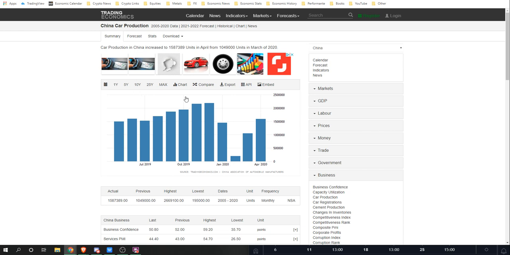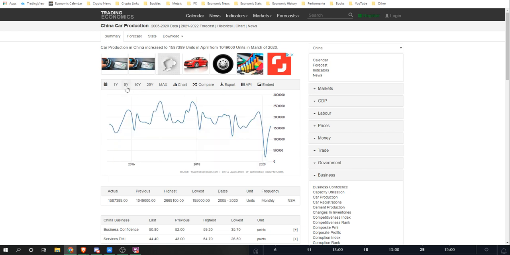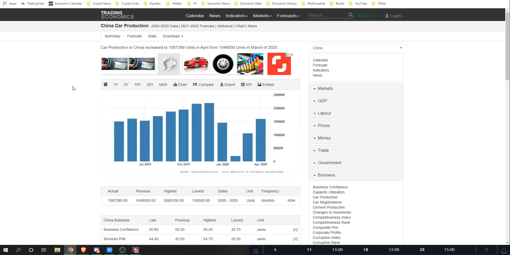So we do see this is, let's say, 5 years. It dipped obviously because of the COVID event, but we are getting a pretty quick rebound in China for car production, meaning there is a significant rebound in how fast companies and corporations in China are producing cars. So here's that massive dump that we had due to COVID, and then we are gaining back really quickly, and we're basically higher than we were back in January of 2020.